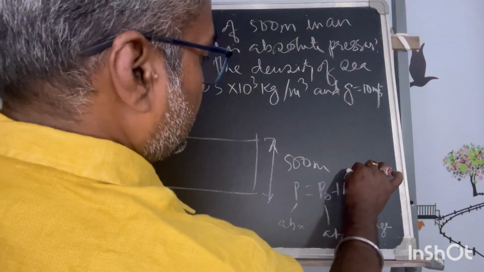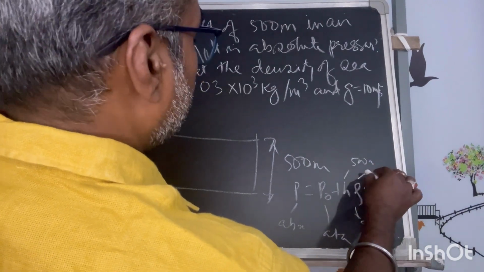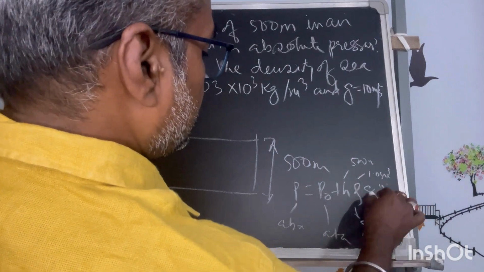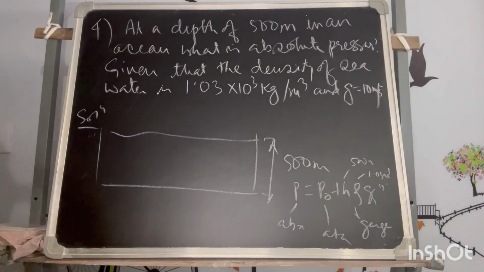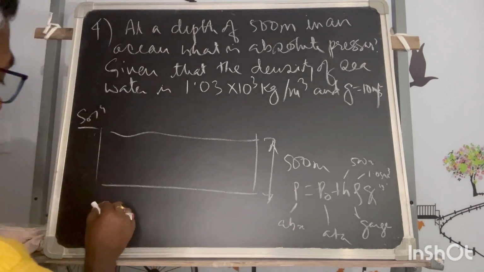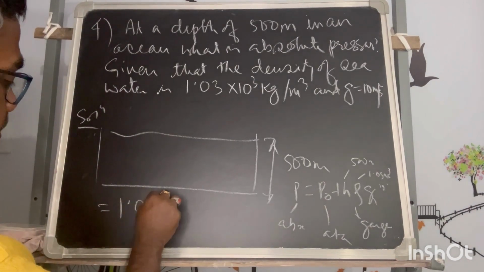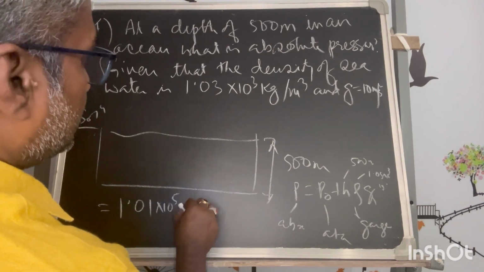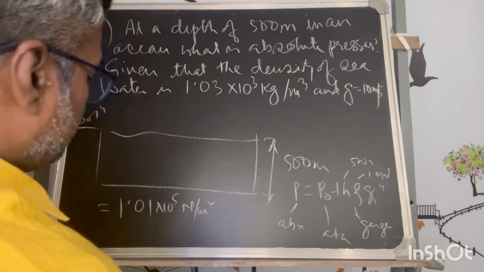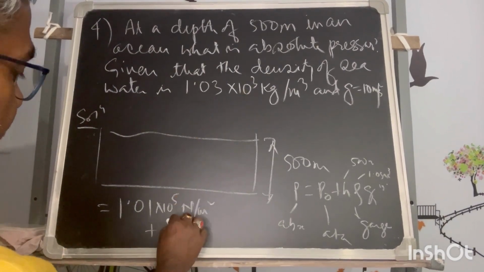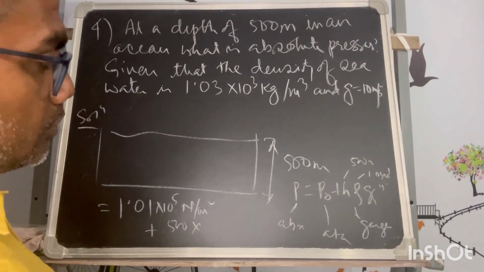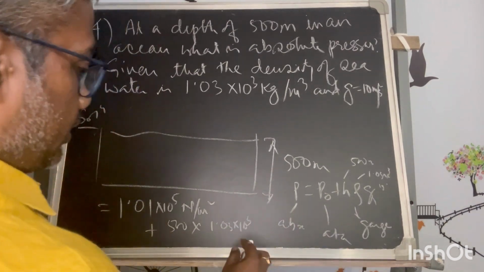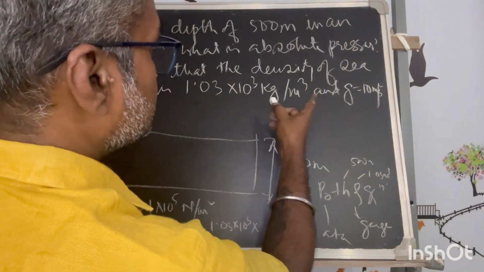So in this formula, you know this is 500 meter, you know the density is 1.03 into 10 to the power 3 kg per meter cube, and g you know. Atmospheric pressure also you know. So if I put the value, atmospheric pressure is 1.01 into 10 to the power 5 Newton per meter square, plus 500 into rho, 1.03 into 10 to the power 3, and g is 10, we are assuming 10.